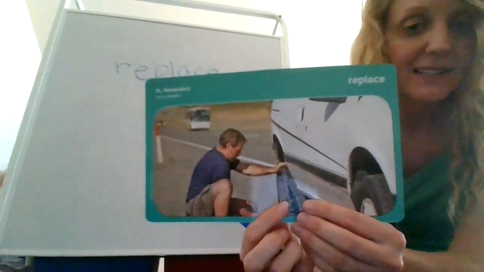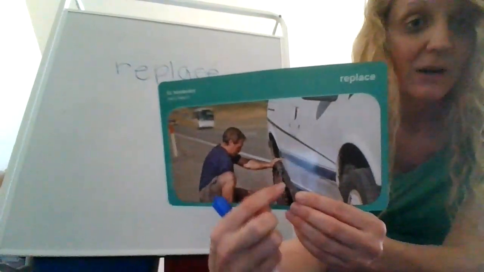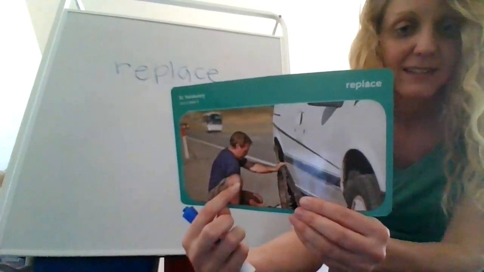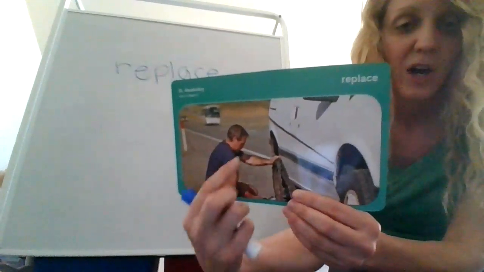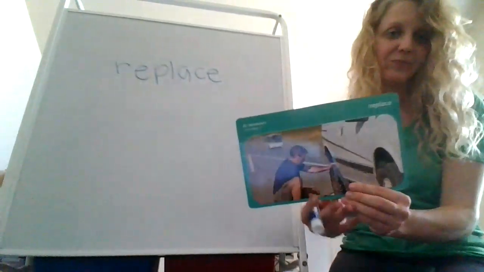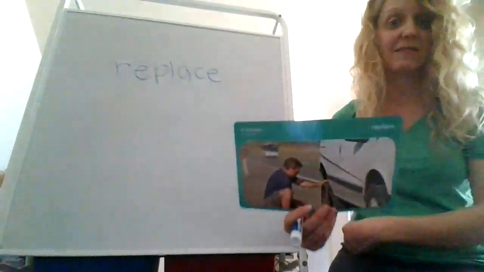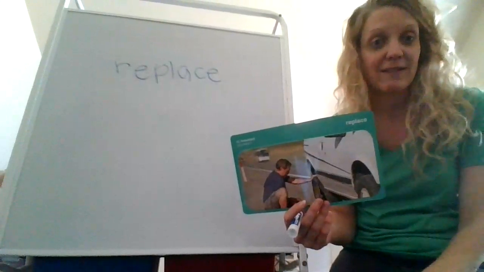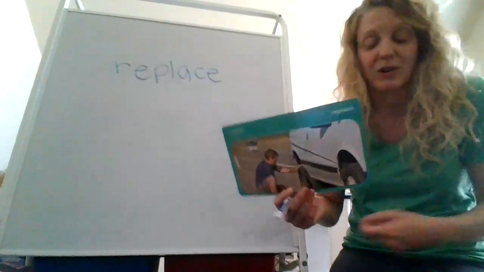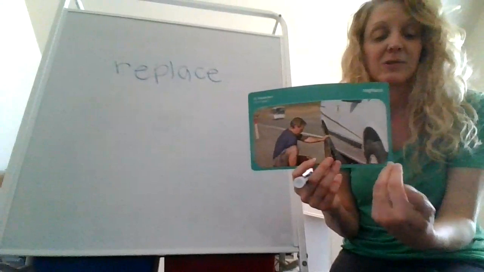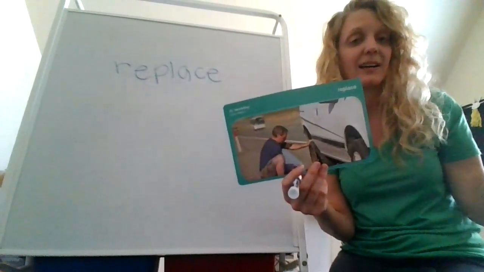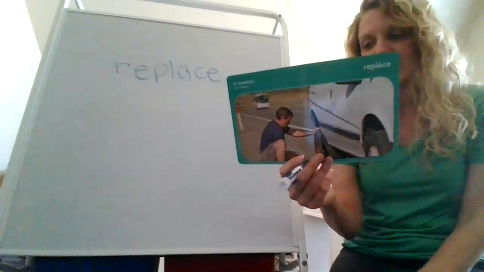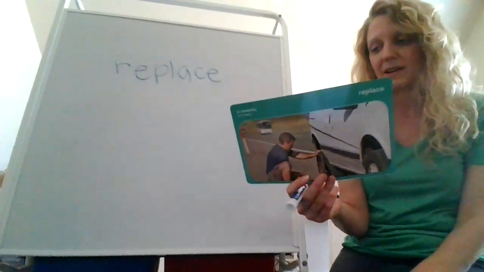So it means he's taking the old tire away and he's putting something else in its place. So take away the old tire, put on the new tire. Kind of like maybe if you have to go shopping for clothes or a coat or shoes, if they get to be too small for you because you're growing, you have to replace those. So you're going to take away the old things you had and get something new. So you might think of a time that you've had to replace something.